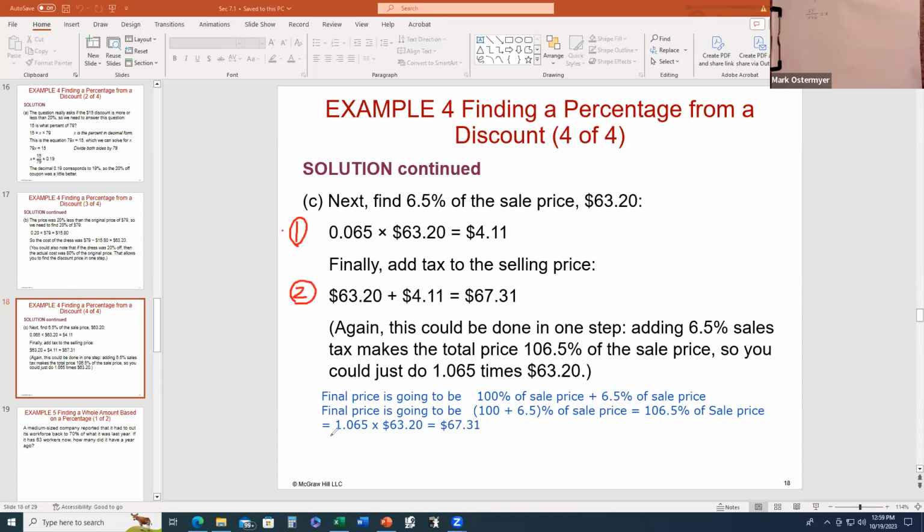Or if you just do it all in one swoop, realizing that the final price we pay at the register is going to be 106.5% of the sale price. Because that's 100% of the original sale price we know we owe, plus we know we owe an additional 6.5% of the sale price in sales tax. This is quicker. This only involves 1 step as opposed to 2 steps.